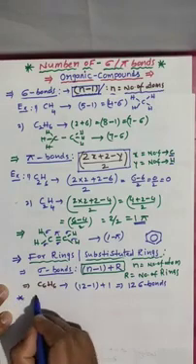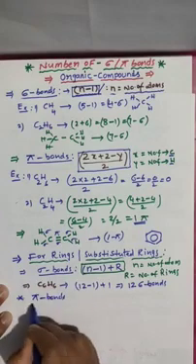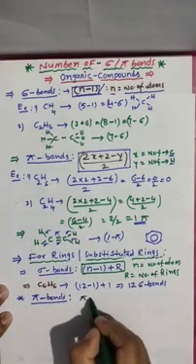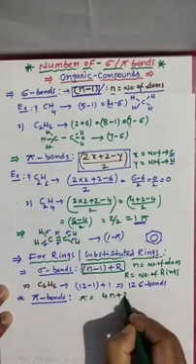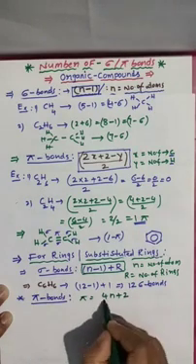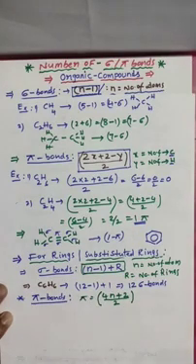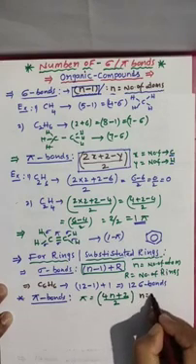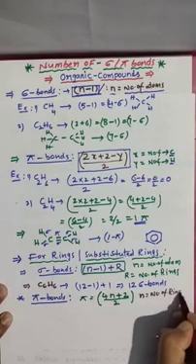Pi bonds. So in rings, how to calculate pi bonds? Here we have a formula, very easy, that is pi bonds equal to 4n plus 2 by 2. 4n plus 2 by 2. What is n here? N is nothing but number of rings. Clear?